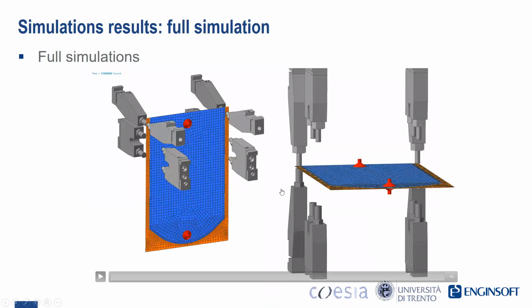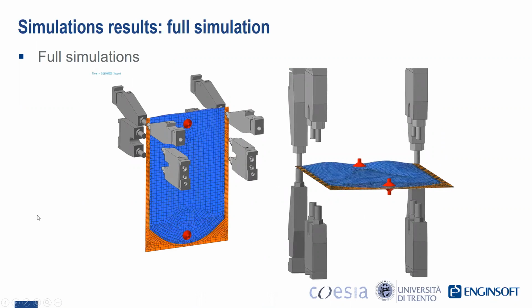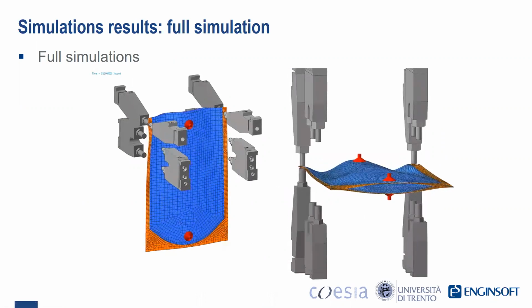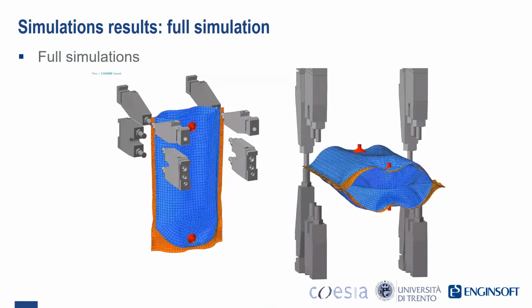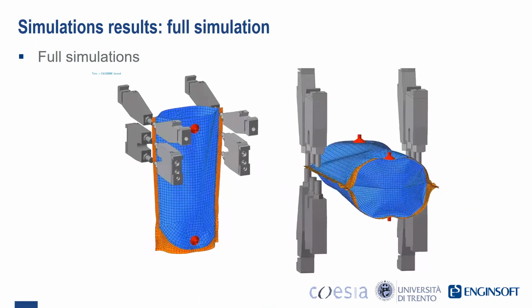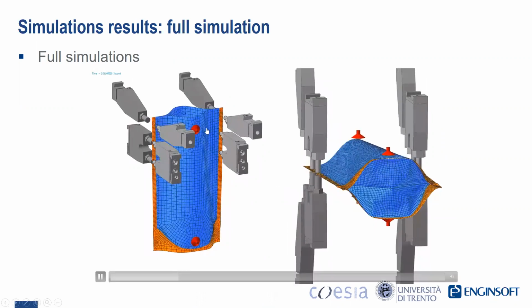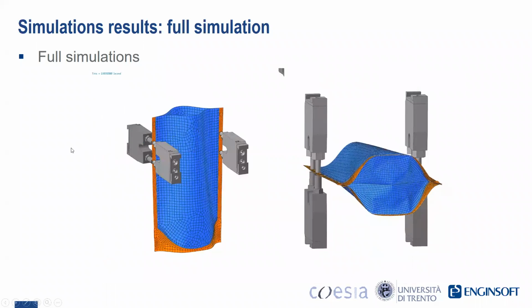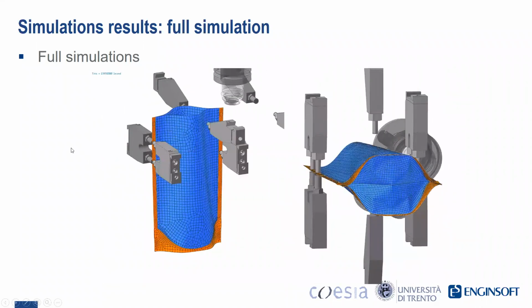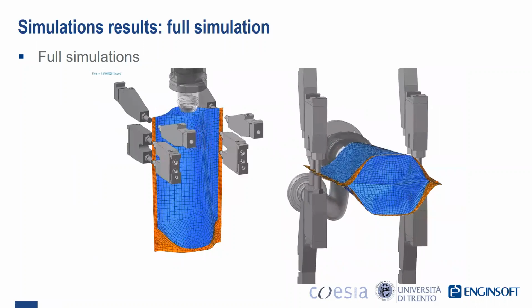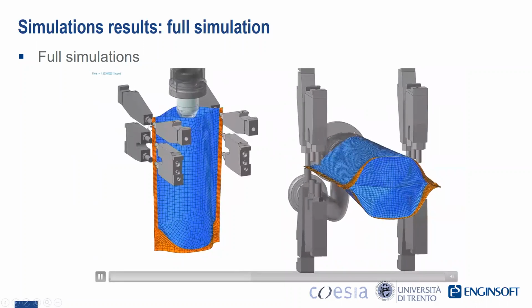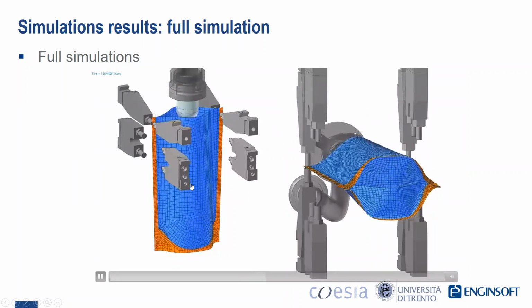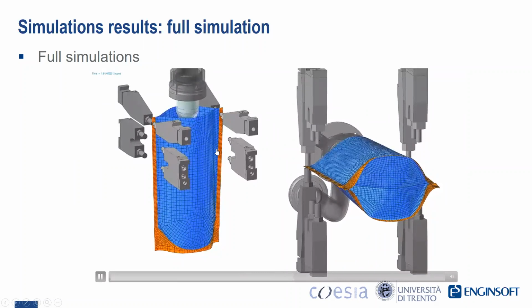So let's start to have a look at the simulation results. I have a couple of videos for you. Here we see the entire simulation. We have the pouch formation with clamps. Then we see the pouch moving towards the filling stage. It's clamped, and the fluid starts to be injected in the pouch. You can see the deformation of the pouch.